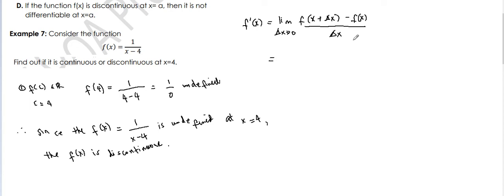Okay, lagyan na muna natin yung ating f of x. Ang ating f of x ay 1 over x minus 4. So, ang ating f of x plus delta x is equal to 1 over x plus delta x minus 4.